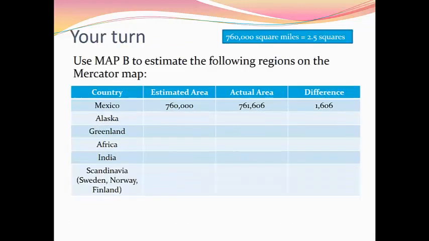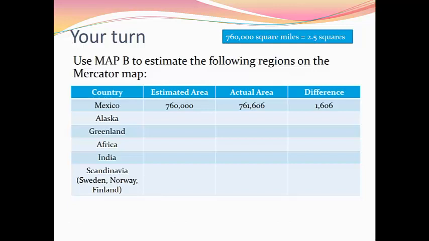Okay, so now it's your turn. I want you to use that Map B, that gridded Mercator map, to estimate the following regions: the state of Alaska, the country of Greenland, the continent of Africa, India, and then Scandinavia, which is made up of Sweden, Norway, and Finland.